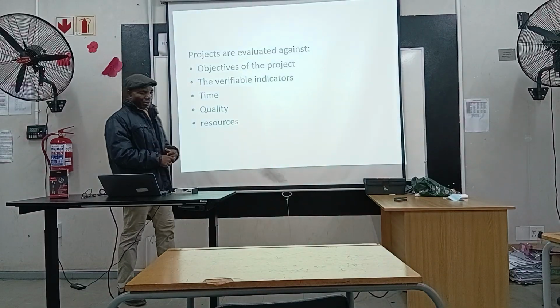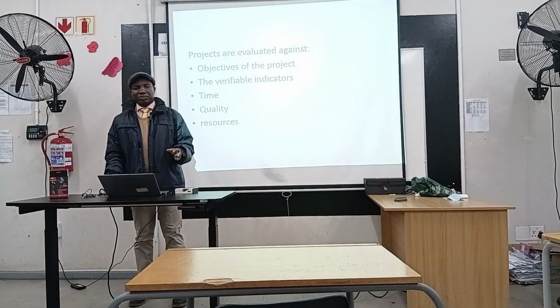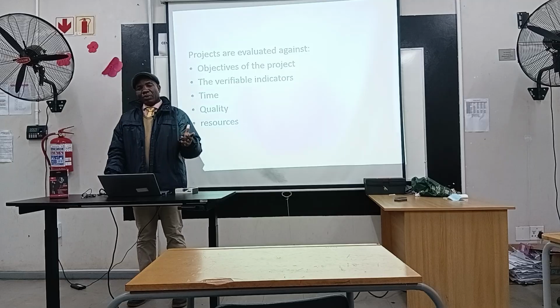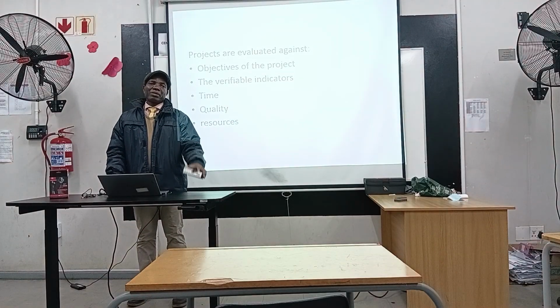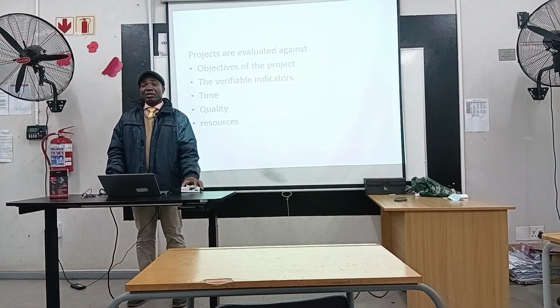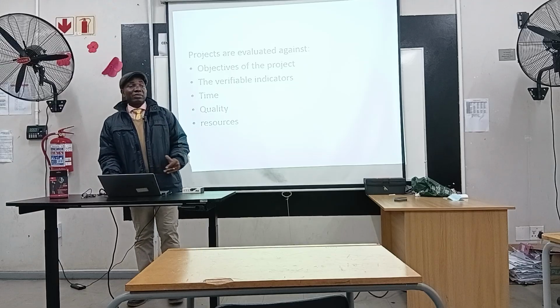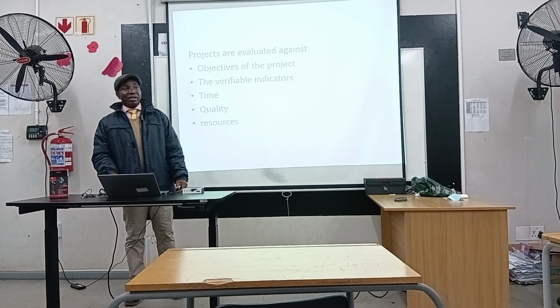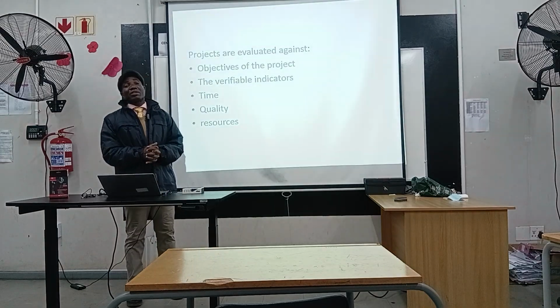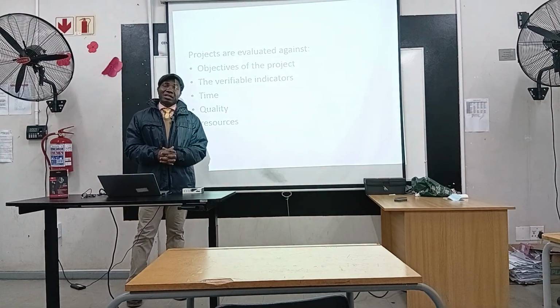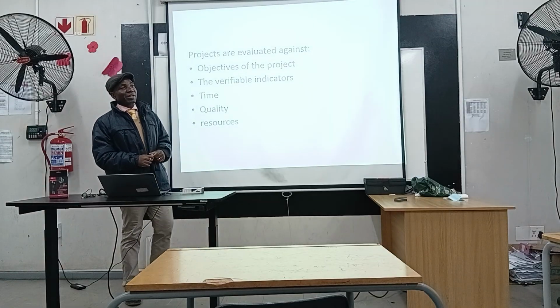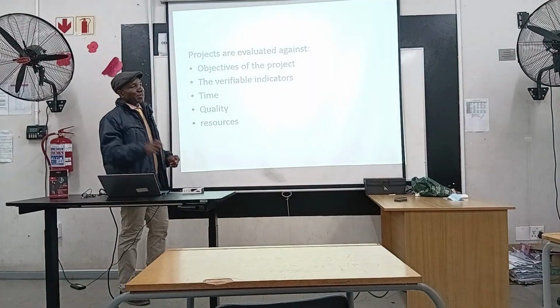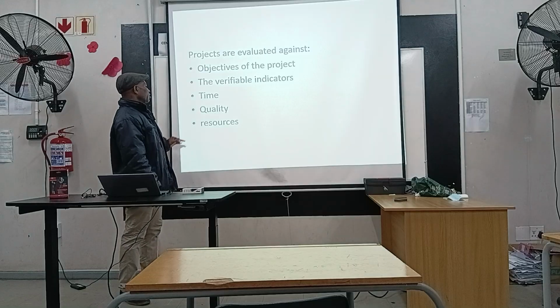For example, if you schedule a project to be 1 month, invariably, at the end of the third week, 75% of the project is supposed to be completed. So if at the end of the third week, 75% of the project is not completed, that gives you a red flag that something is going on, that the project is possibly running behind schedule.